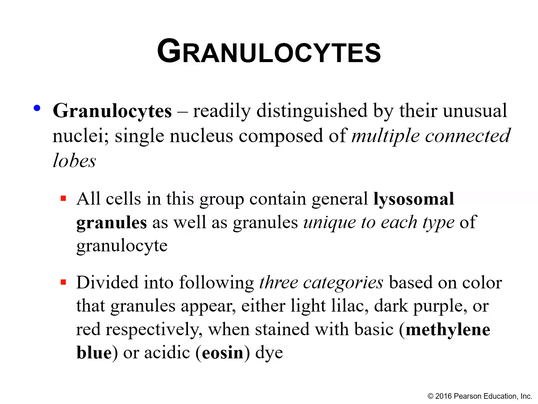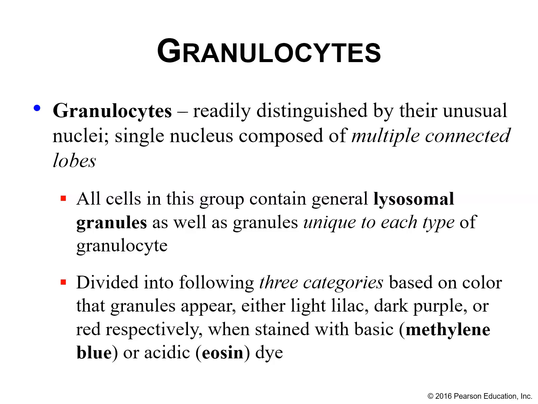They generally have either a single nucleus composed of multiple connecting lobes. Many of these are called neutrophils, and some can be just bilobed. But all cells in this group will contain general lysosomal granules, if they're granulocytes, as well as granules unique to each type of granulocyte. And we'll discuss the three types in just a second.